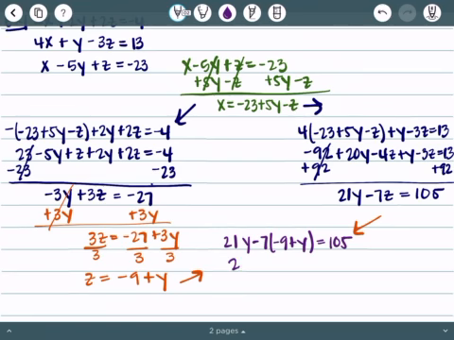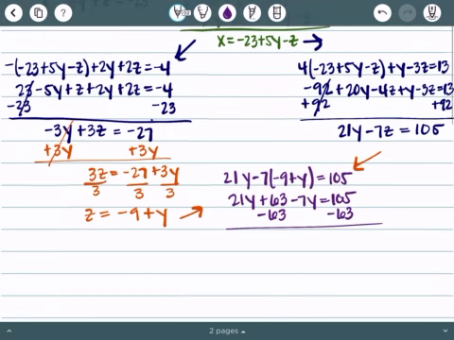So I have 21y plus 63 minus 7y equals 105. So I'm going to subtract 63. And 21y minus 7y is 14y equals 42.